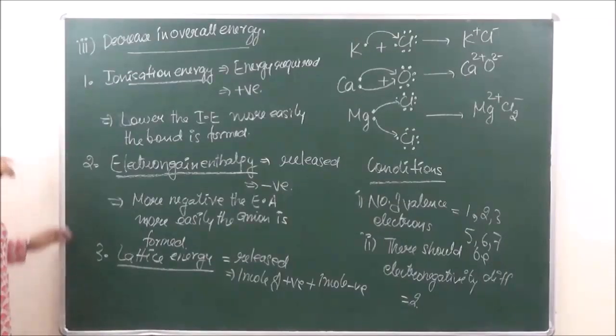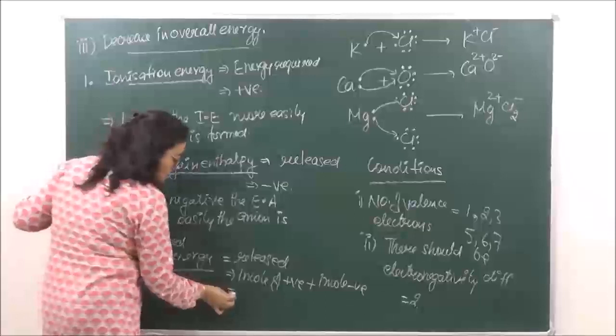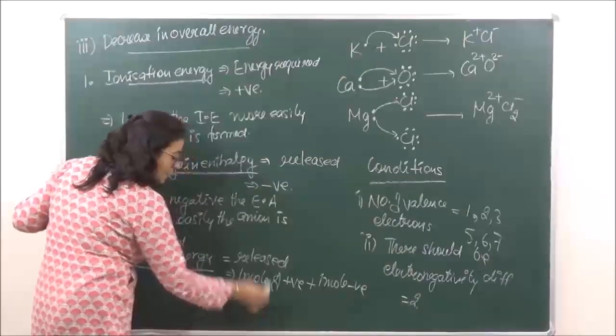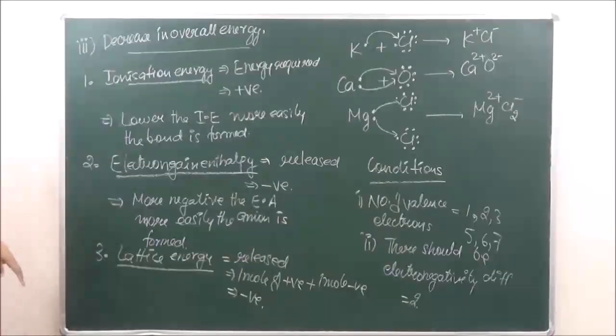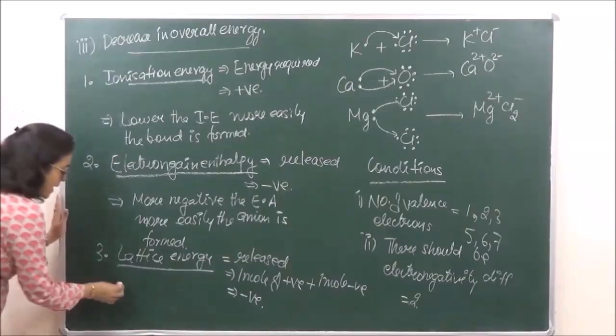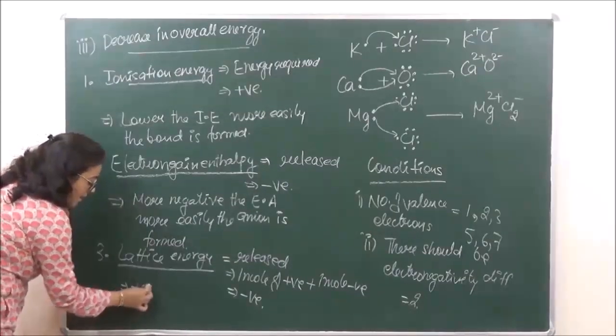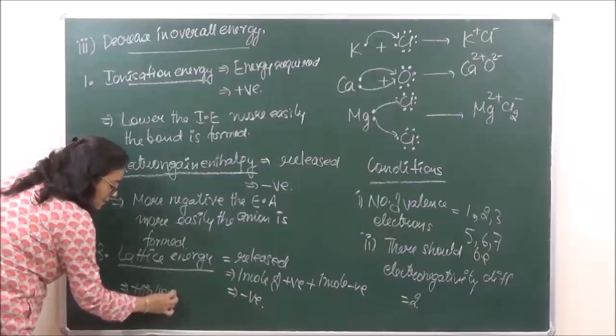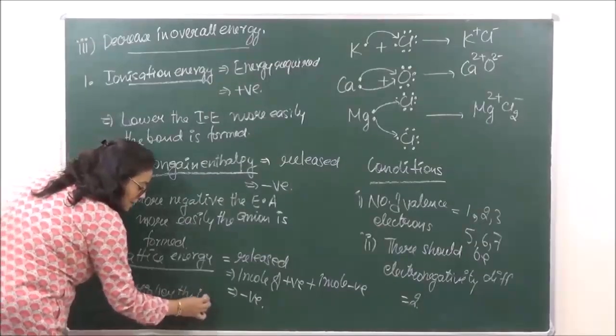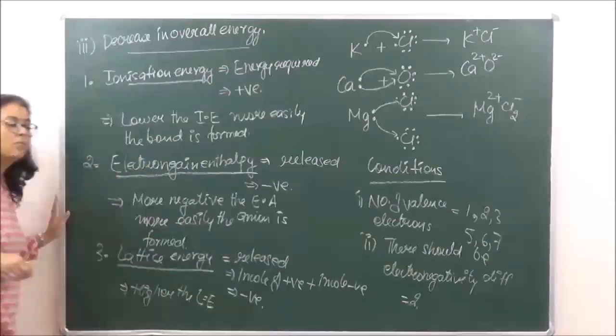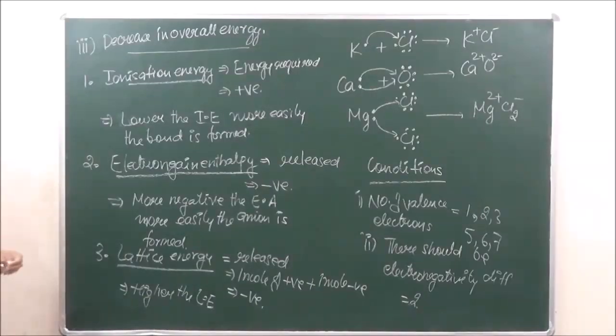Okay, so this energy, because it is also released, should also be negative. Okay, so we say that the higher the lattice energy, the stronger is going to be the bond.